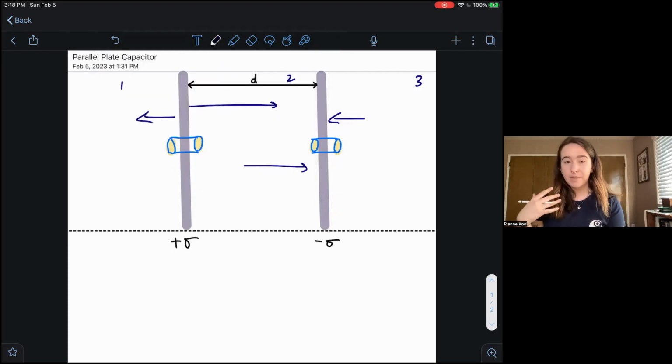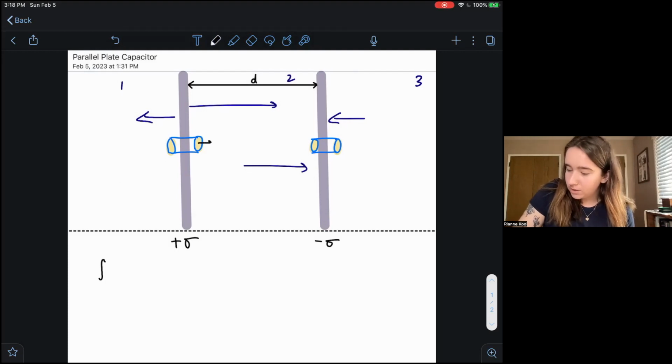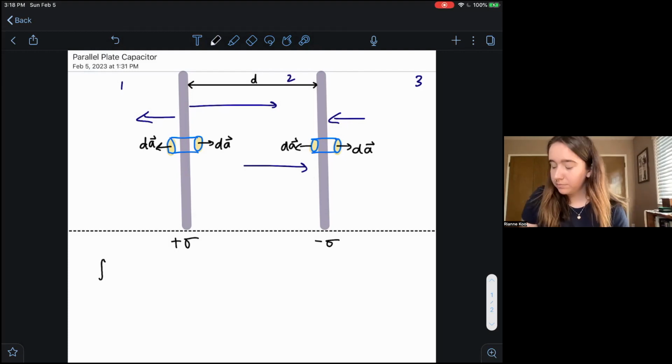Okay, so if we remember from last video, we are going to use the cylinder just because we love our different surfaces like that. So I'm going to draw these dA vectors. Let's look at the positive one first.